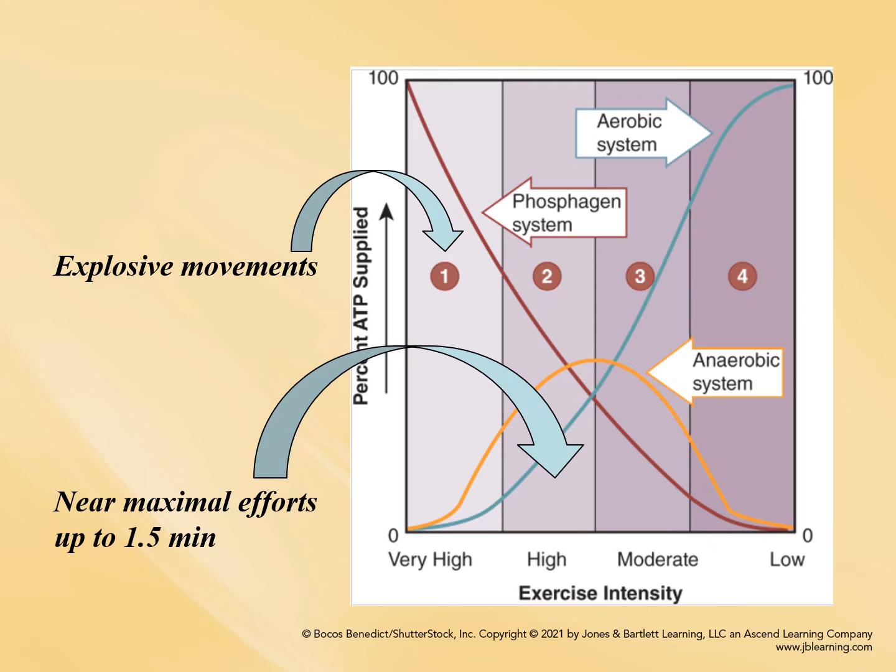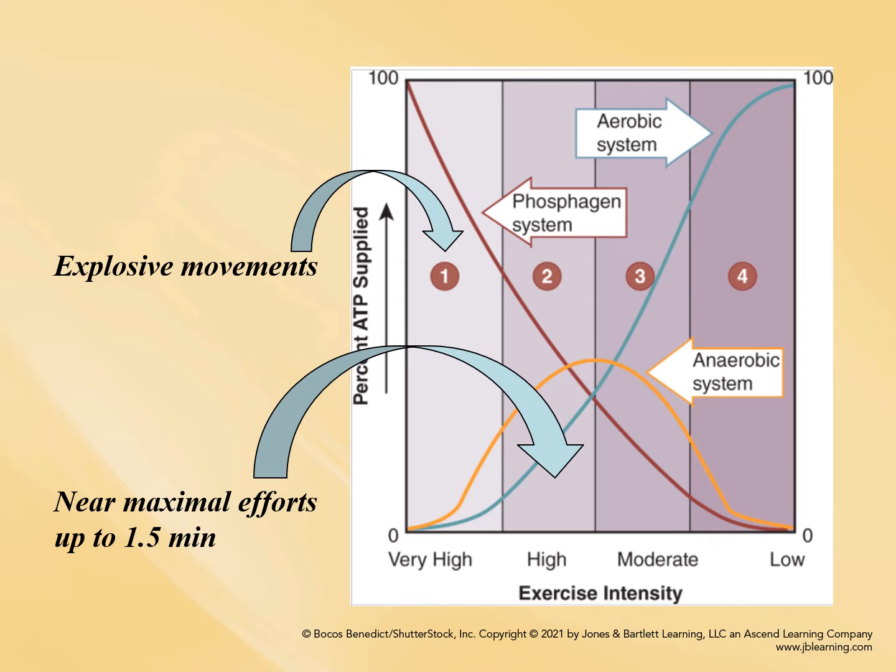And we know that initially when exercise starts, we have that explosive capacity to generate energy due to the ATP-PC, or the phosphagen system. So that is really the reliance on that energy system for those explosive movements that last 0 to 30 seconds.